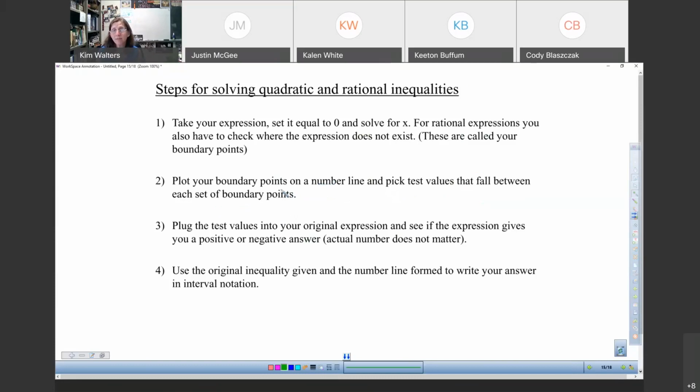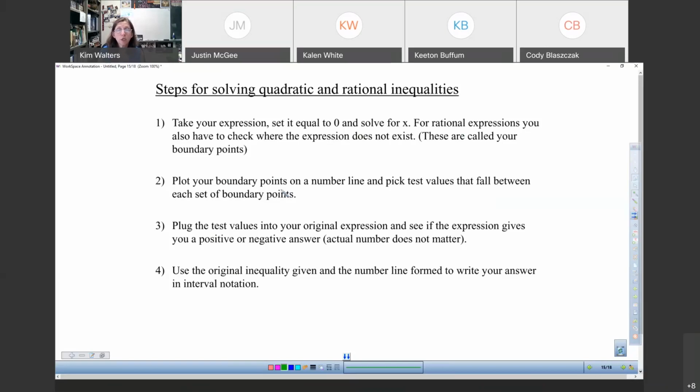But I like for you to have this to refer back to when you're working on your homework or taking your quiz. So for every one of these problems that we're about to see, we're going to take the problem, set it equal to 0, solve for x, find values of x, and we're going to call these values boundary points.